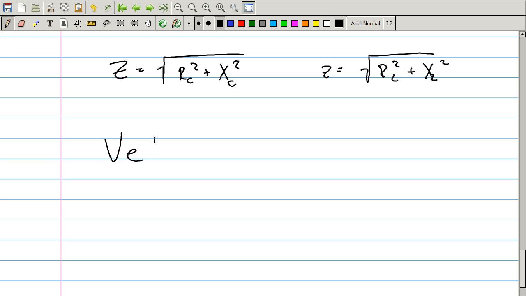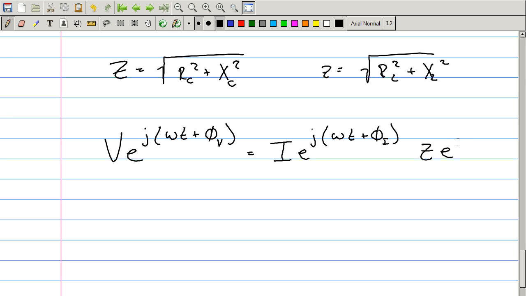V e to the j(omega t plus phi V) equals I e to the j(omega t plus phi I), times Z e to the j theta.